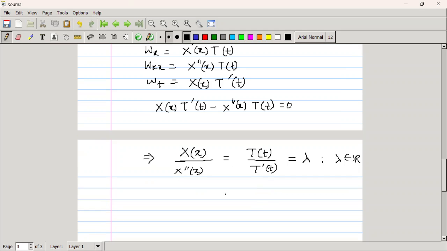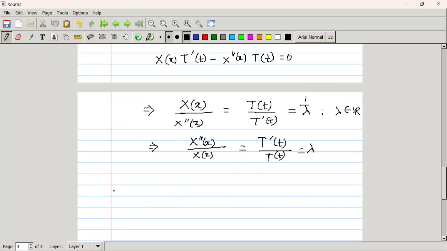So now you have to solve these two equations. Let me write it as 1 by lambda so that there is no confusion with the general case. It is the same thing, I am just interchanging, equal to lambda. So you have to solve these two equations: X''(x) minus lambda X(x) equal to 0 and T'(t) minus lambda T(t) equal to 0.